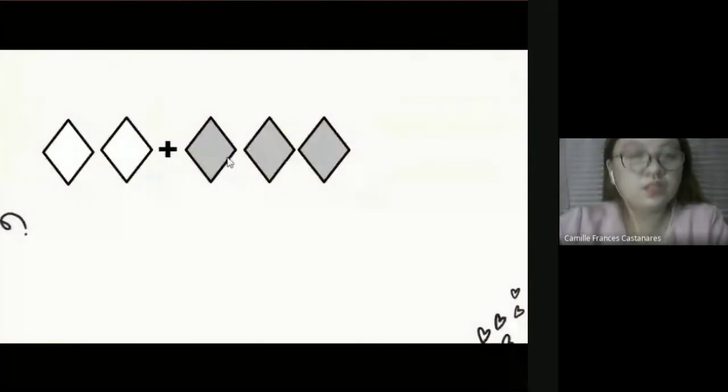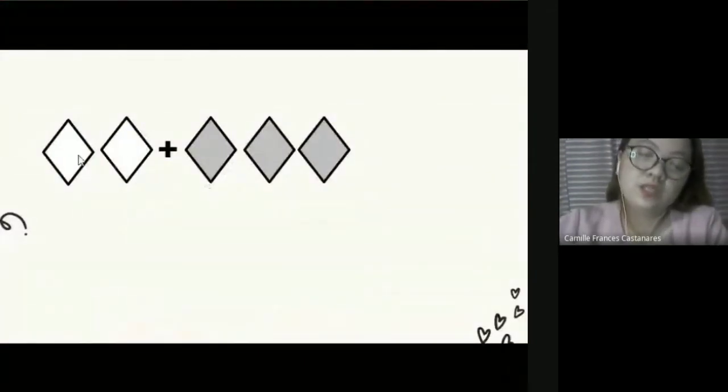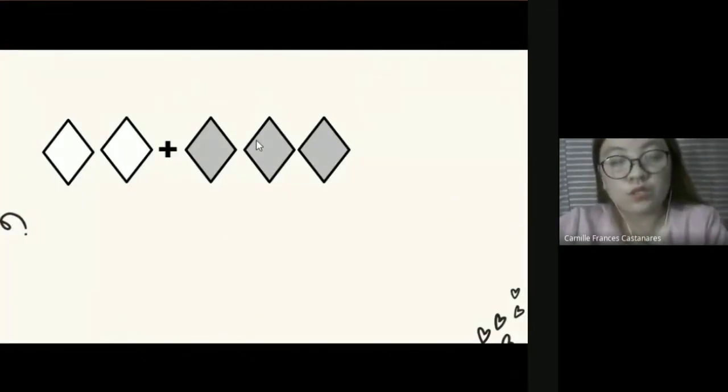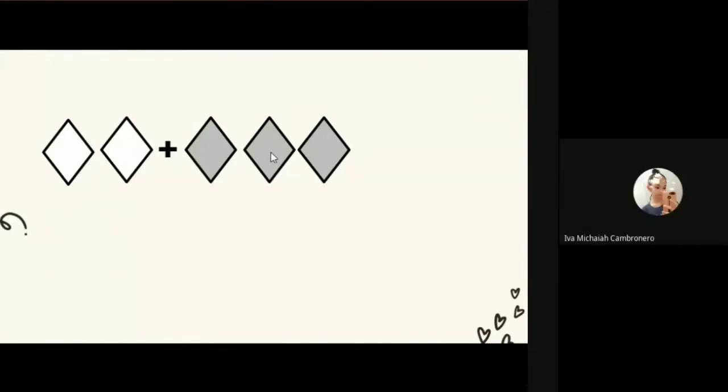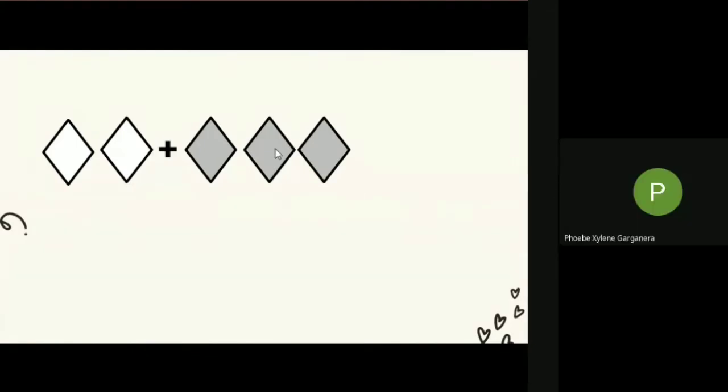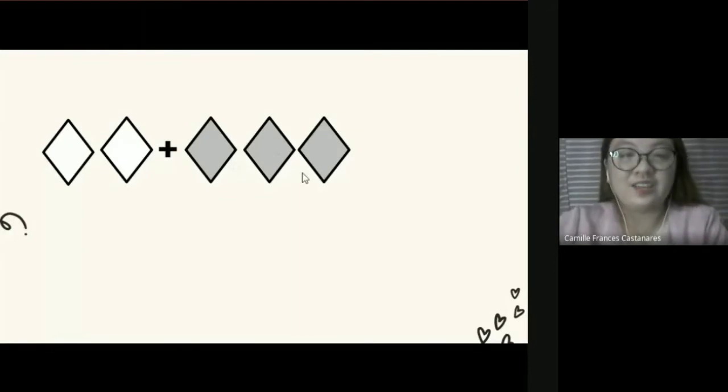How about this one? So, 2 positive integers. So, this is positive 2. This one, 1, 2, 3. So, this is negative 3. Very good. This is negative 3 and this is positive 2. So, ika-cancel natin yung mag-prepare. So, 1 positive here, 1 negative here. Another one.